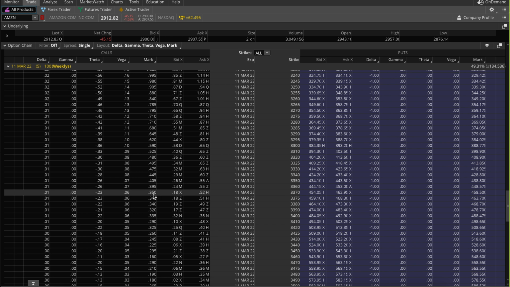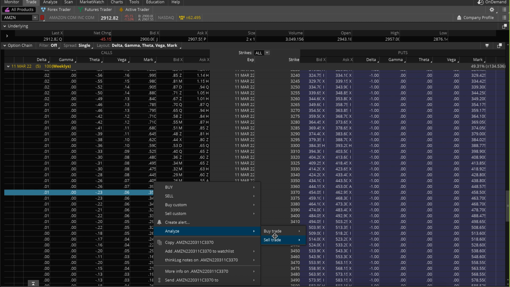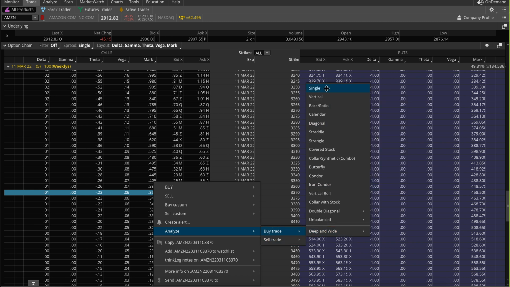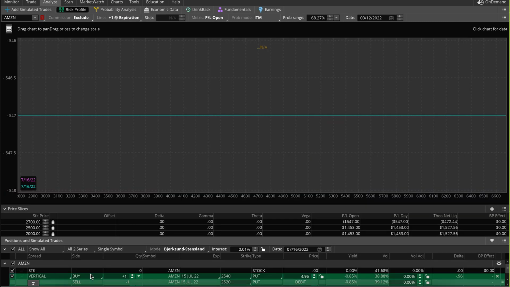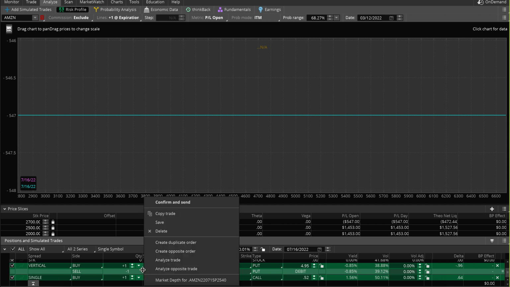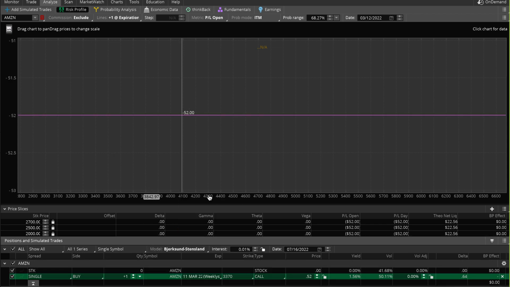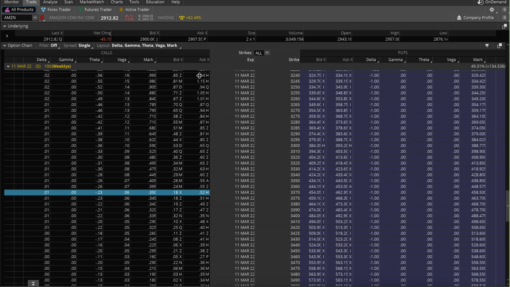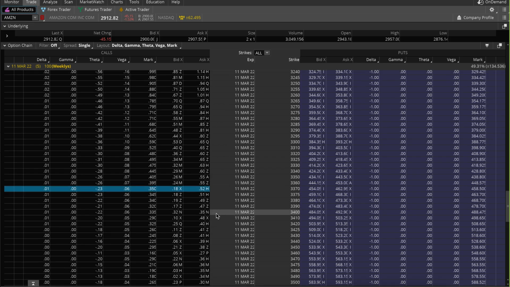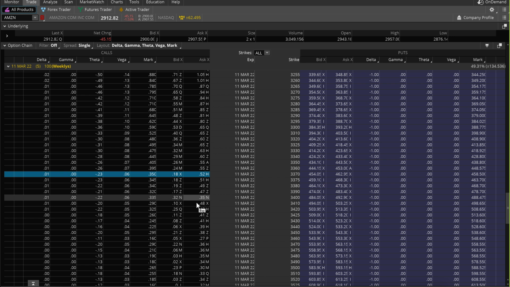It would only cost $35 to buy this option contract. So I'm going to put in a buy trade, single. I'm going to unclick this one because I also want to put a spread into the scenario and compare price fluctuations as time to expiration decreases.